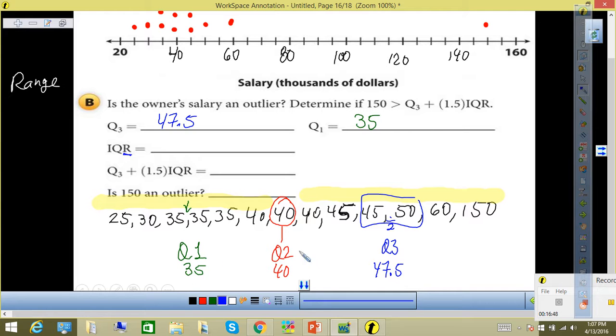Because those are the greatest Q and the smallest Q. So that you have it in your notes, I want you to write that. Write it in here, but also write it in your notes. IQR equals Q3 minus Q1. That's a little formula you should have. Write that in your notes, please. Okay, thank you.